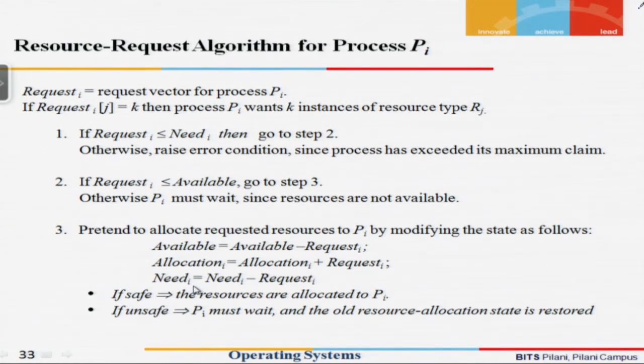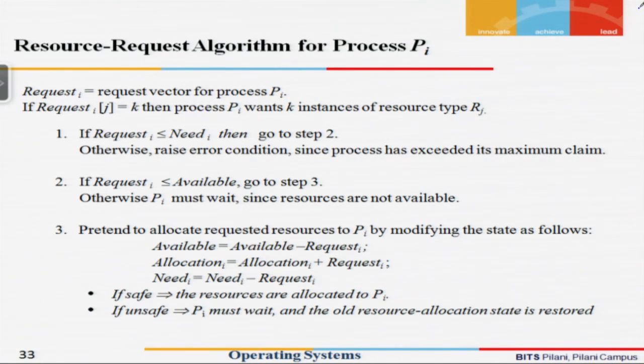Now Need_i = Need_i - Request_i. We recompute the matrix, so we get the modified need matrix. Essentially, whenever a request comes, we pretend the request is granted, if it can be met by the current availability, and then we obtain the new state, and from that new state we find out if the system is in a safe state.